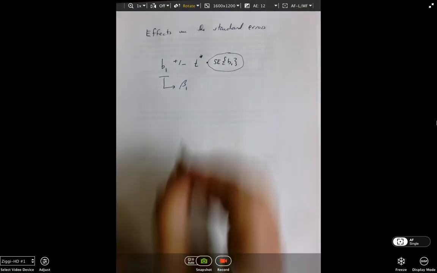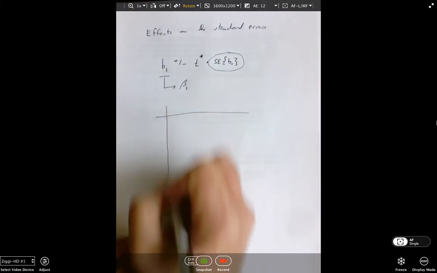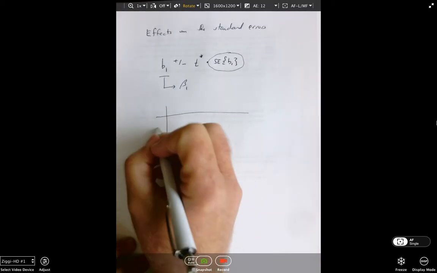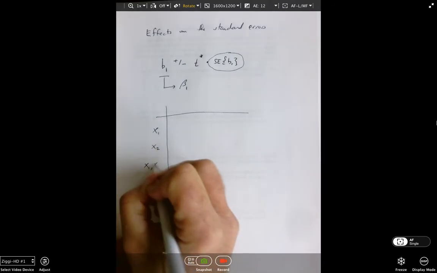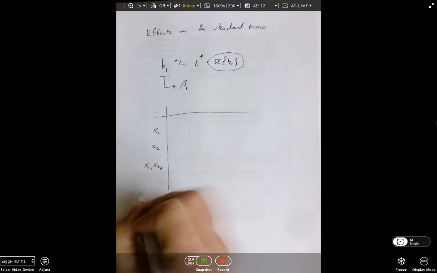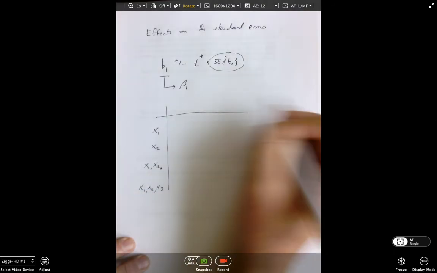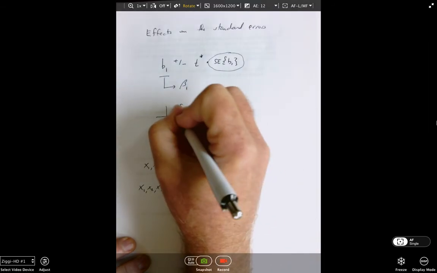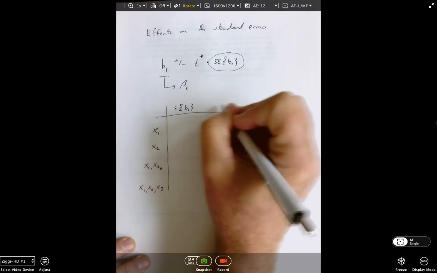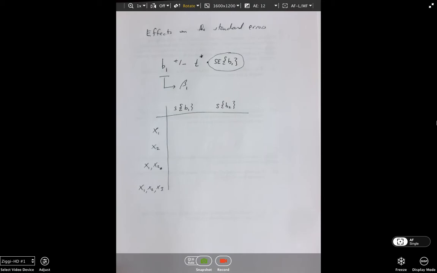So let's do like we did before, and I think this will be beneficial. Let's look at the standard errors for B1 and B2 under these situations.